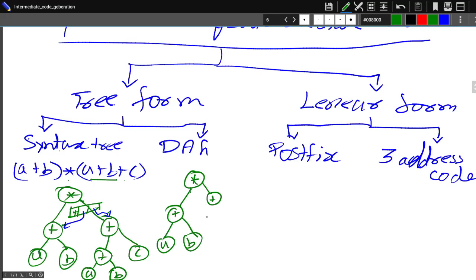On the left hand side, if you remember, it has a plus b, and on the right hand side it has c. So let us have c on the right hand side, and on the left hand side let us reuse this node. It is also directed acyclic. So this is how it is represented.